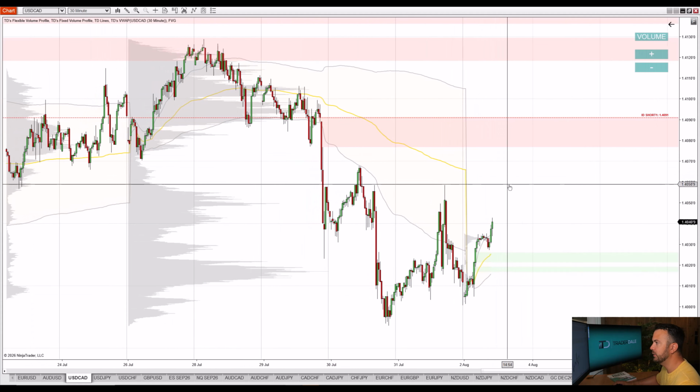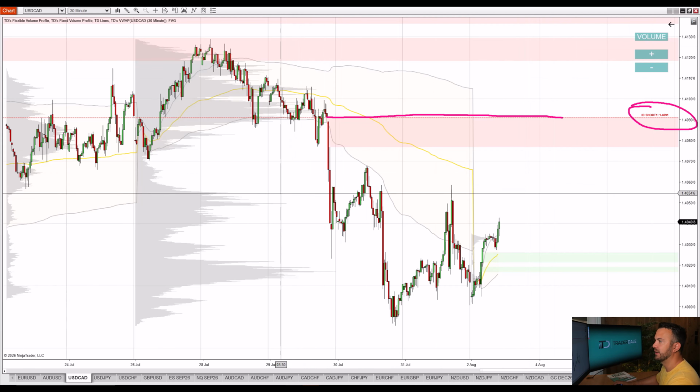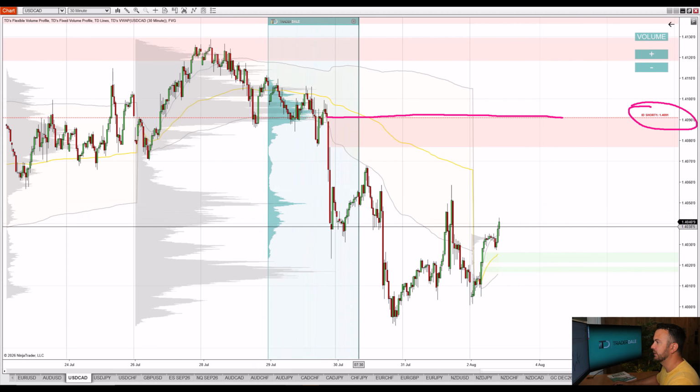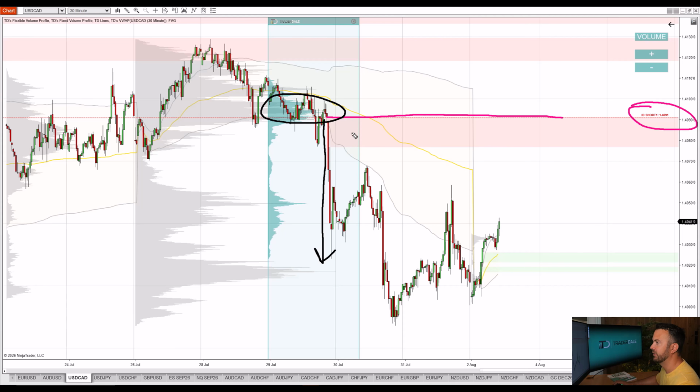On the US dollar, Canadian dollar, I want to talk about resistance, which is in here, and it is at 1.4091. This one is based on a thing that if you take a look at this area with volume profile, then you can see that there were heavy volumes traded in this little rotation, and afterwards a strong sell-off started from that rotation.